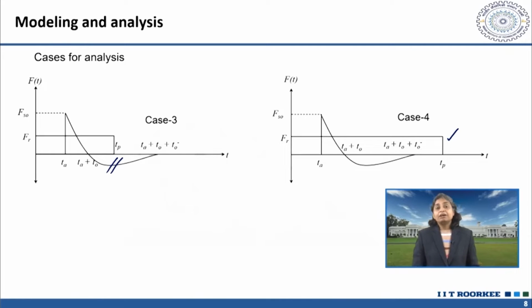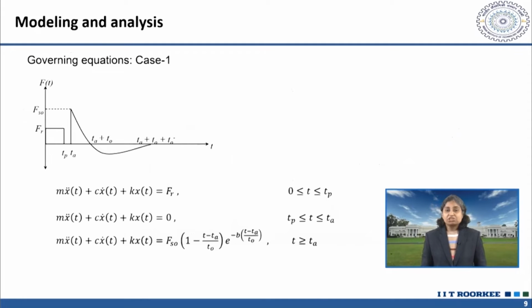So, we tried to analyze these 4 cases separately. We developed the governing differential equation for these 4 cases, and then we could solve these differential equations in the closed form manner. I will just share with you one case, and accordingly all the other cases were formalized and analyzed.